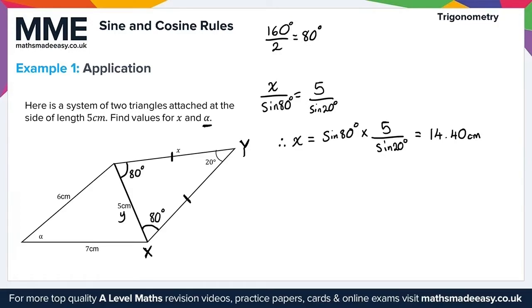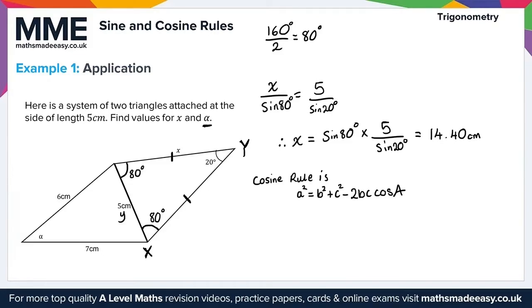So if we denote the cosine rule first, so the cosine rule here is simply a squared is equal to b squared plus c squared minus 2bc cos A there. Okay, and we're simply going to use this formula now to work out this value of alpha.